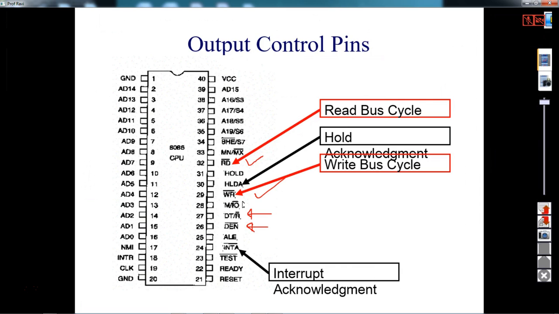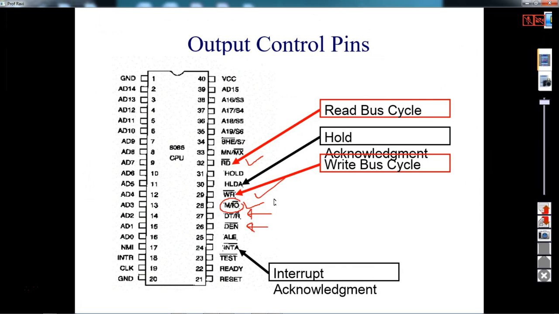Then there is one more pin called M by IO bar. The processor can read a byte from memory or IO, and the status can be indicated by using M by IO bar. If this is logic 1, it means the processor is doing a memory operation; otherwise it is doing an IO operation.